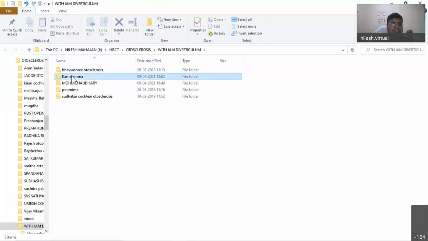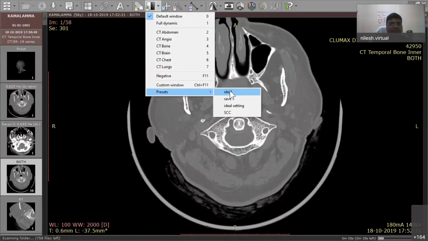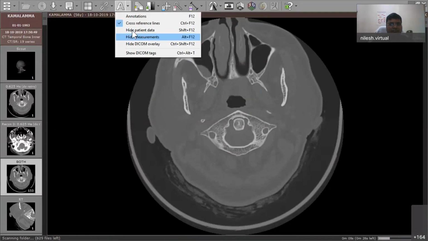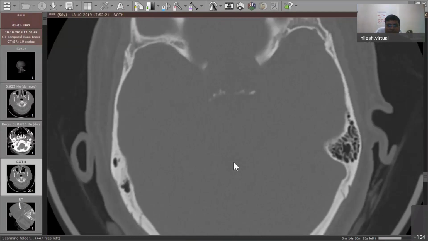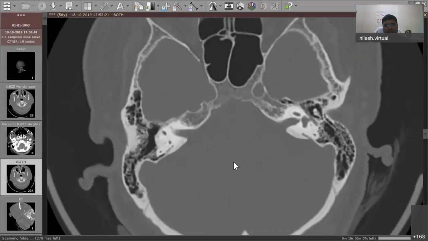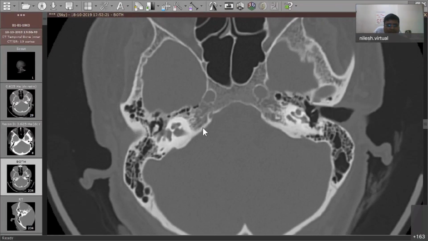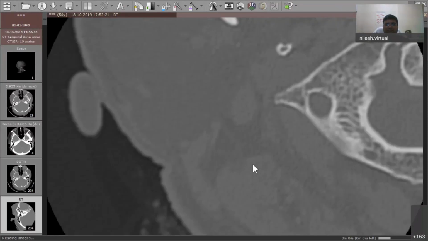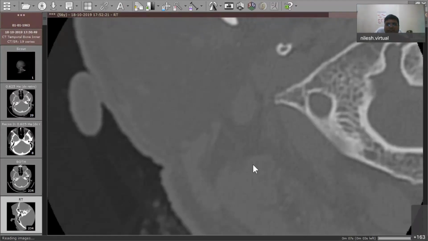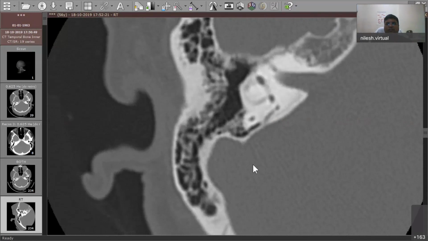We'll see in another scan how it looks. Go and find the internal auditory meatus.